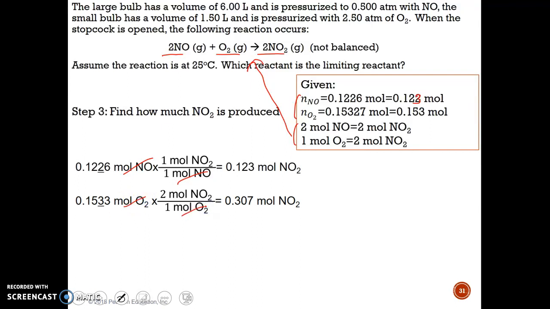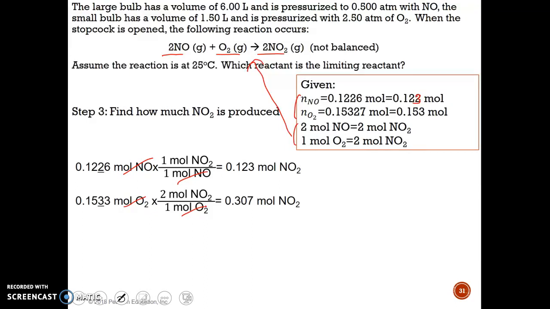And in this case, we're not measuring out the grams. It didn't ask how many grams, we want pressure. And so back to our equation, we're looking for moles of NO2. Looking through, we see that NO can produce a maximum of 0.123 moles of our product, while the moles of oxygen produce 0.307.